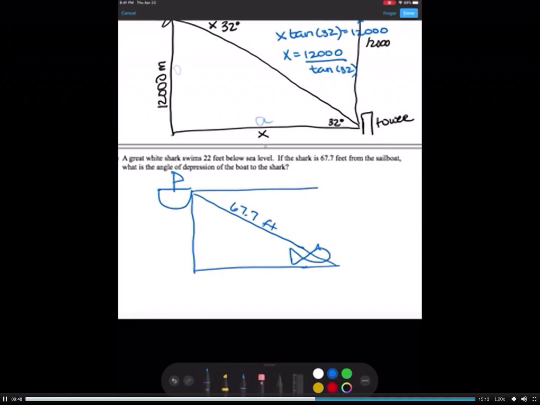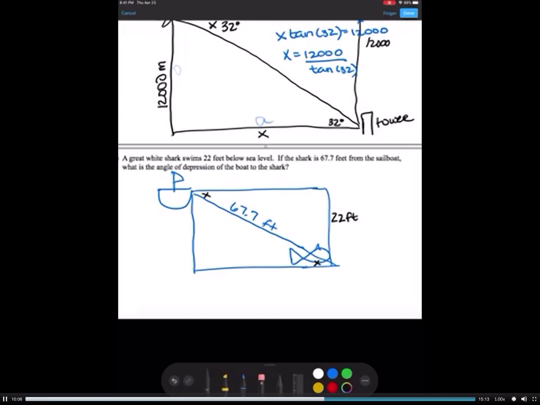So again, this is my angle of depression. In my lower triangle would be this one. And we know that the shark is 22 feet below the sea.